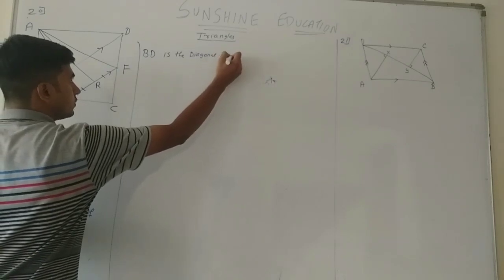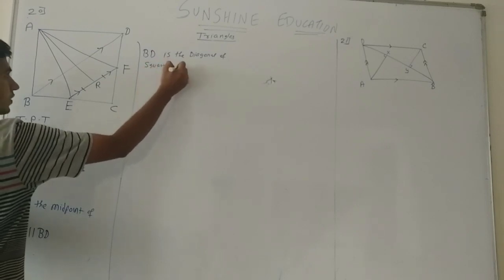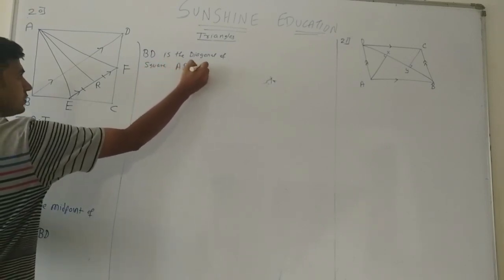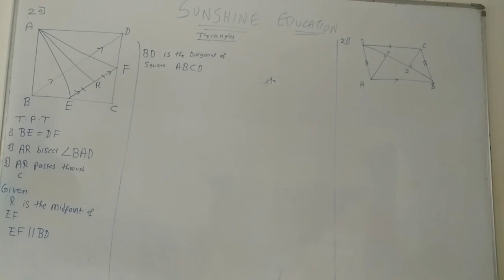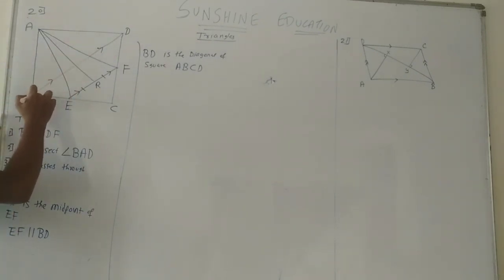As BD is a diagonal of square ABCD, the diagonal divides the angle into two equal parts.